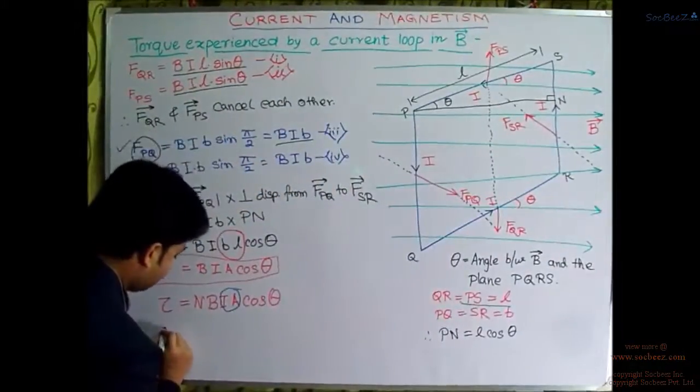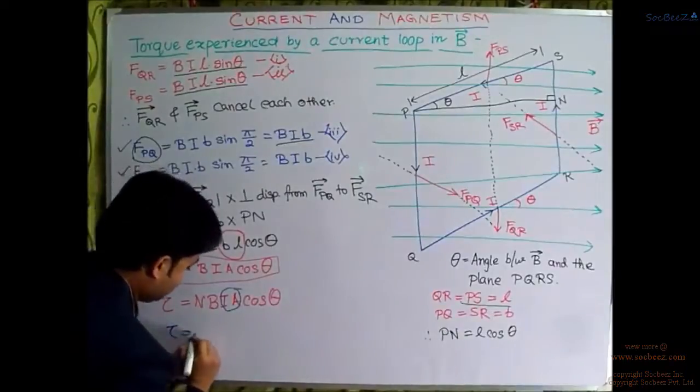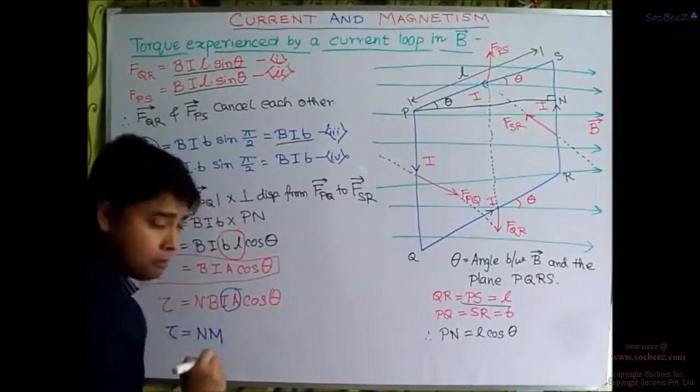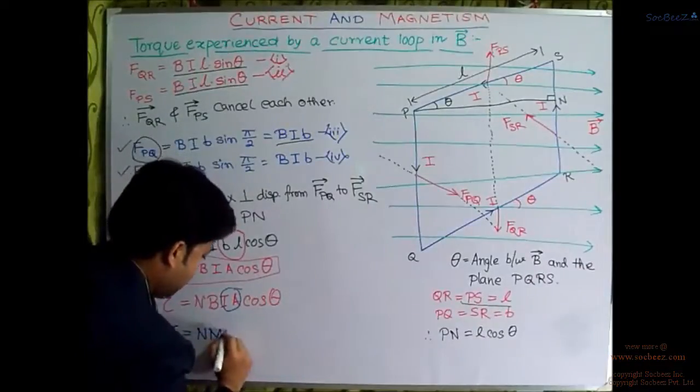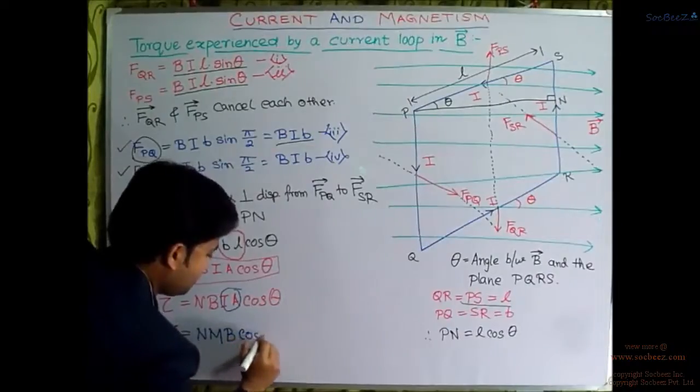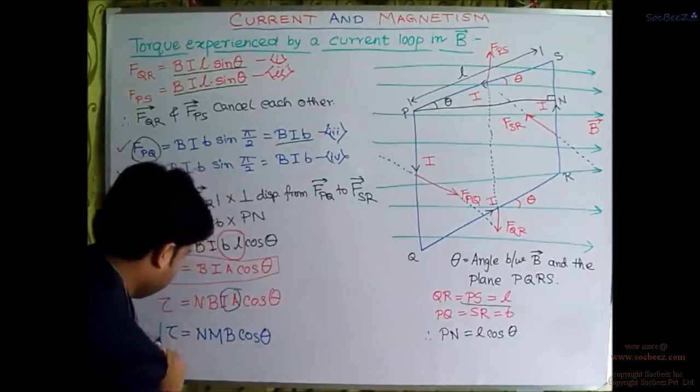So we can also write this torque as N multiplied by the magnetic dipole moment multiplied by B cos theta.